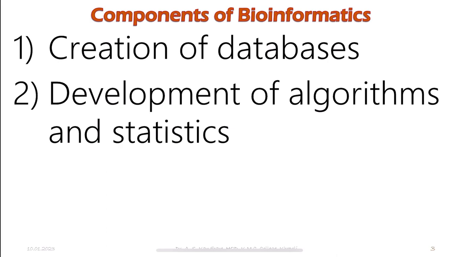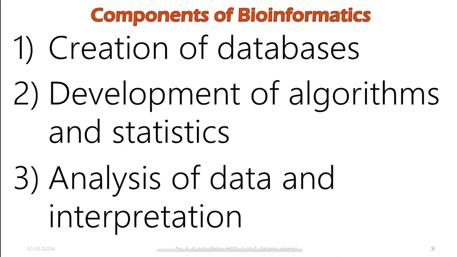So these are the main components. Then analysis of data and interpretation. So whatever data is accumulated in the database from different sources, that data can be analyzed and its interpretation can be done.